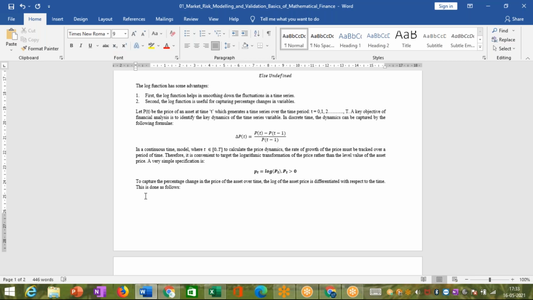Now, if the time changes by 1 unit, what is the corresponding rate of change of the asset price? That is what we call the derivative, or the dynamics. So we will try to frame this concept, and see the key advantage of this.